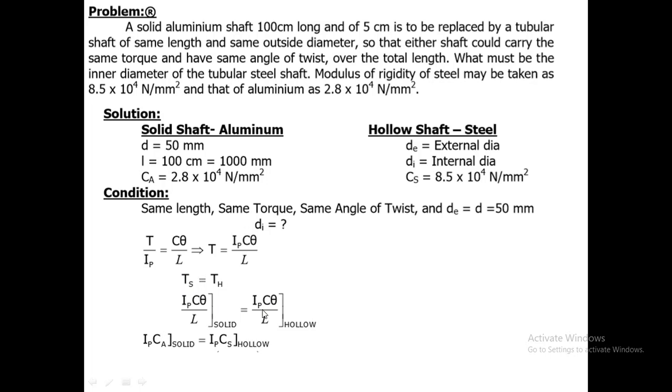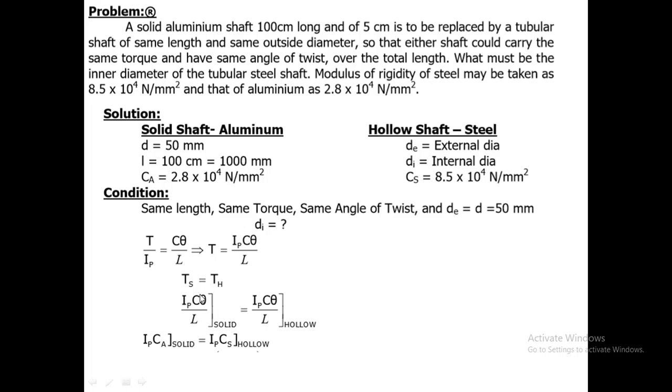Since torque is the same, it will be written like this: for the solid shaft it is this torque, for the hollow shaft this is the torque. G will be different, theta will be the same, length will be the same, and the polar moment will be different. We have to calculate that for the hollow shaft and the solid shaft.